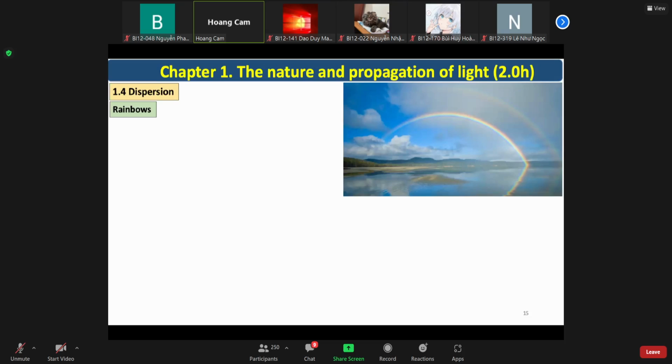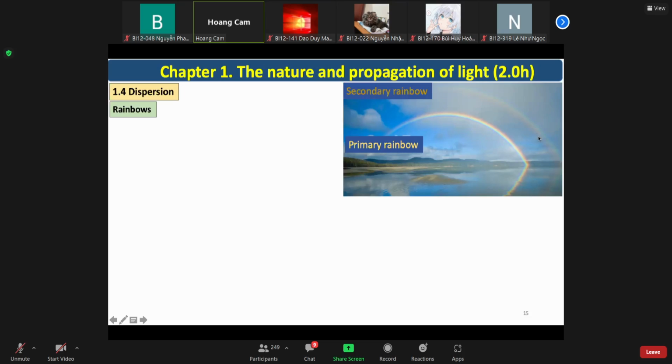So now we will use dispersion to discuss some natural phenomena. Here is a rainbow. This beautiful one is a primary rainbow. And you also see a blurry rainbow behind that as well, right? We call it the secondary rainbow.